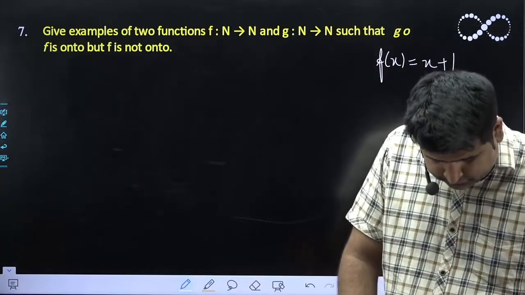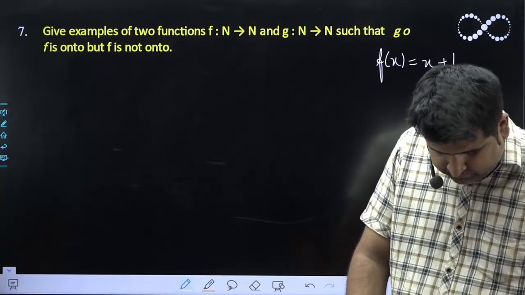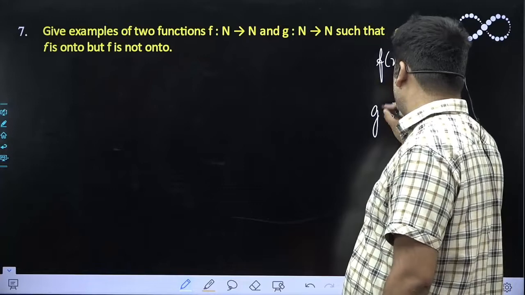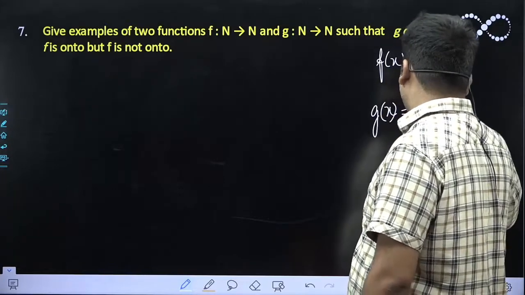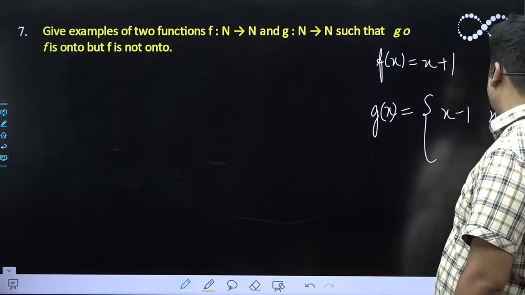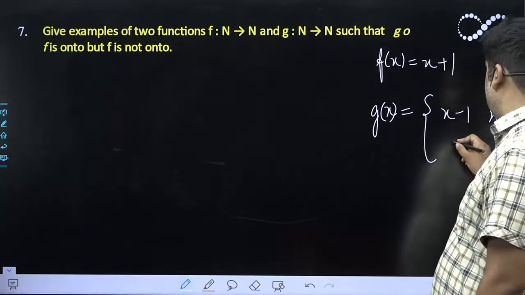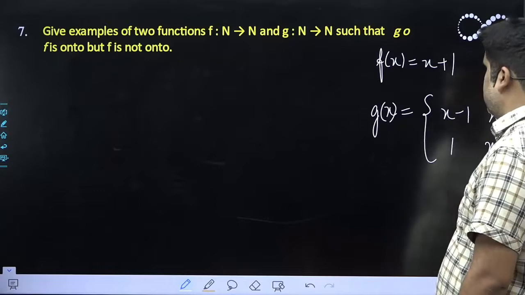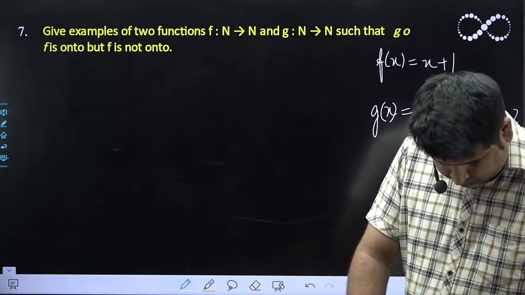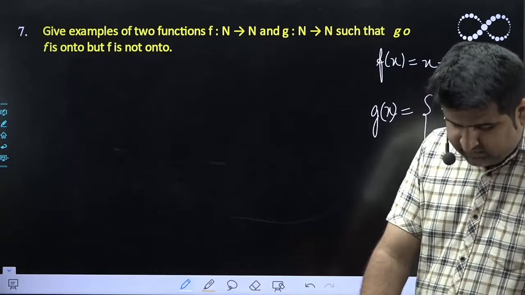And the second example, g x is equal to x minus 1 when x is greater than or equal to 2, and 1 when x is equal to 1. Okay, so these are two functions.